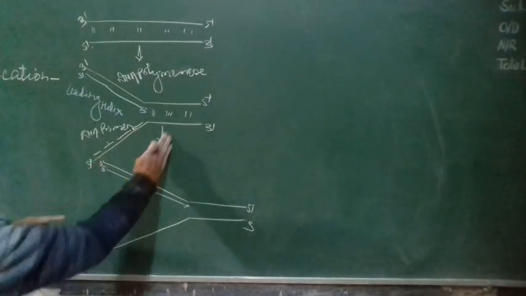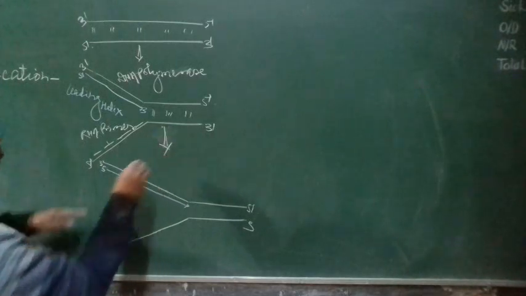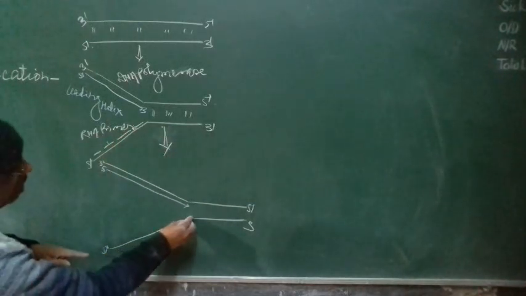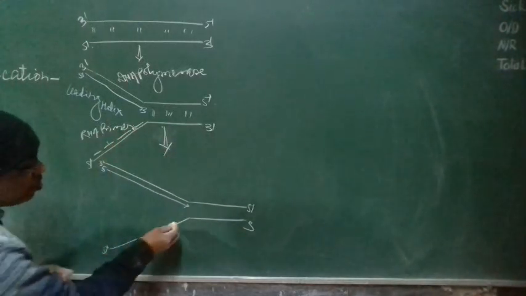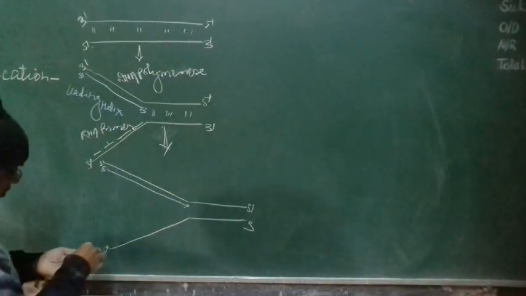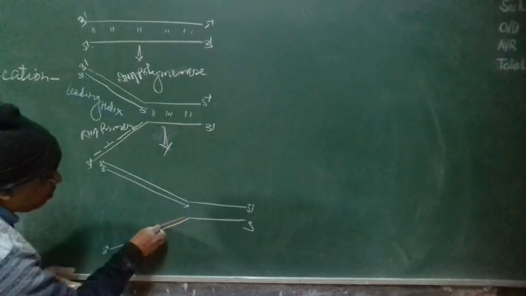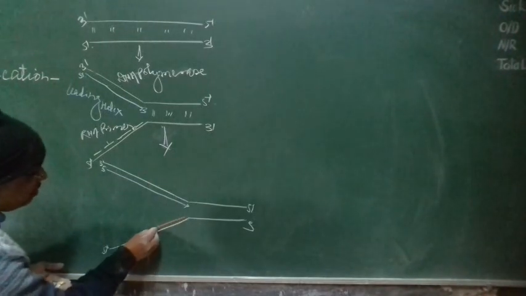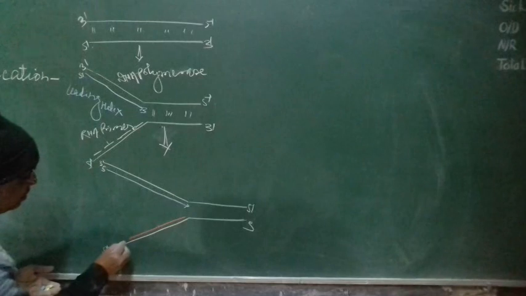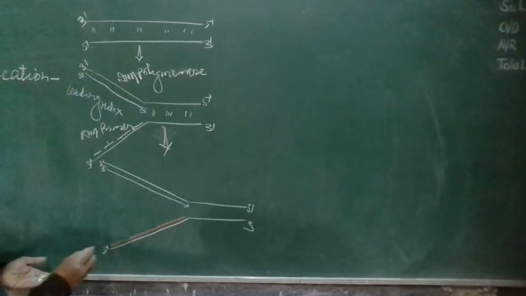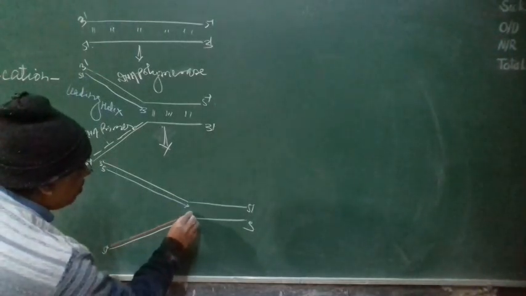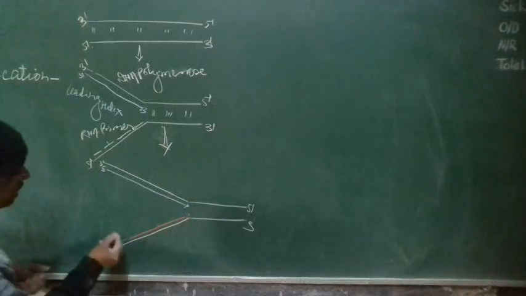But now in the next step, what will happen? This RNA primer is replaced by Okazaki fragments in 5 to 3 direction.